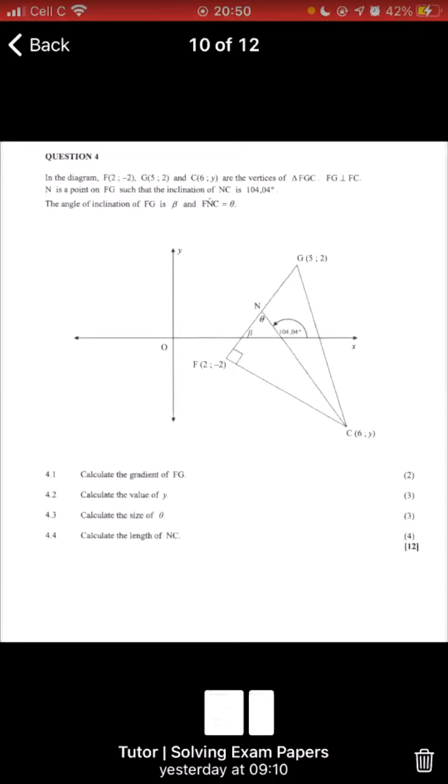So ladies and gentlemen, let me now remove this because almost everyone has got or can access this question paper posted up there.